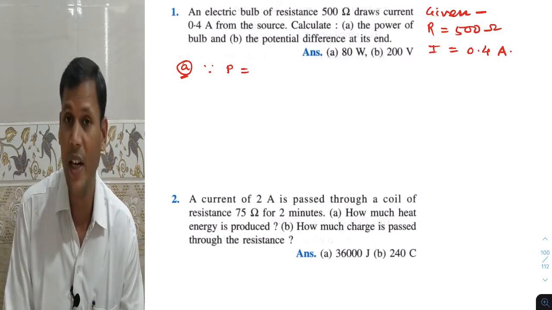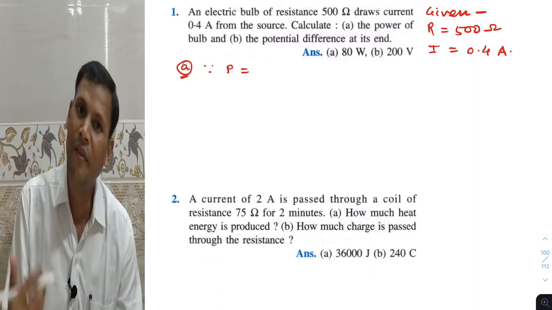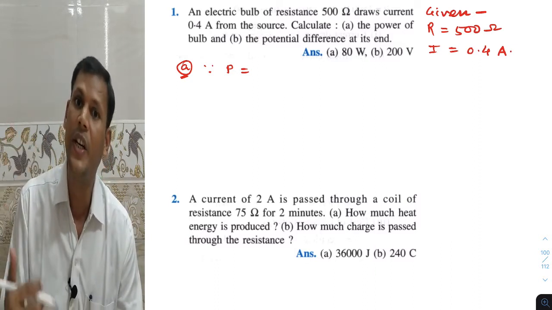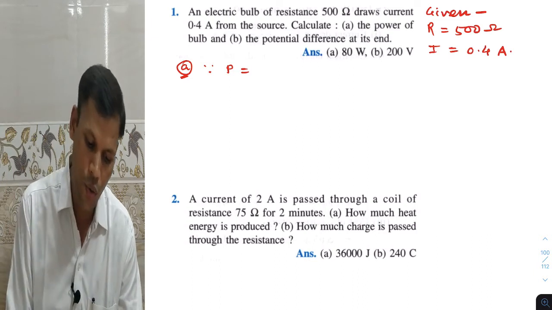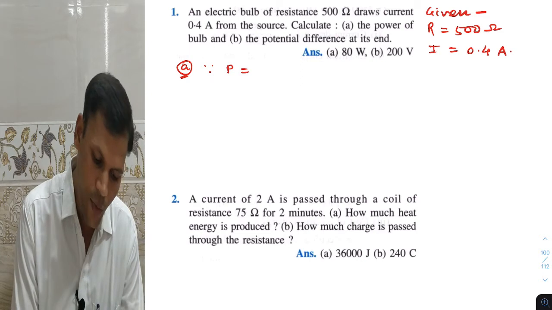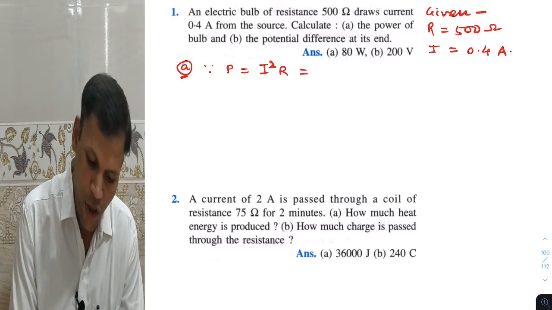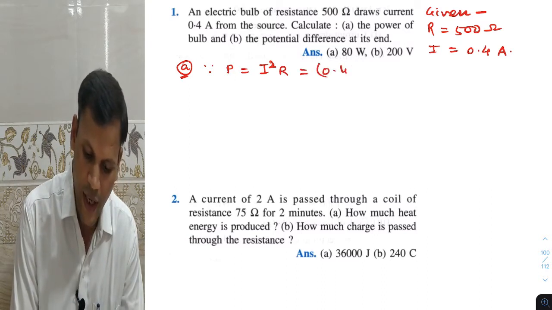Whatever information is given in the question, on the basis of that we will decide which formula we have to use. So here, power will be I square R. I is given as 0.4, that's whole square, into R is 500.